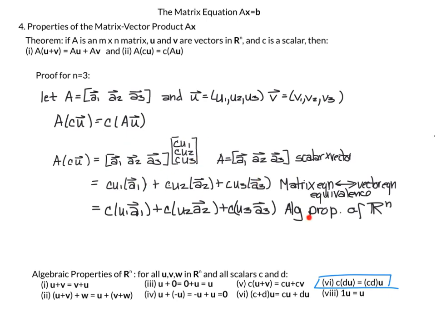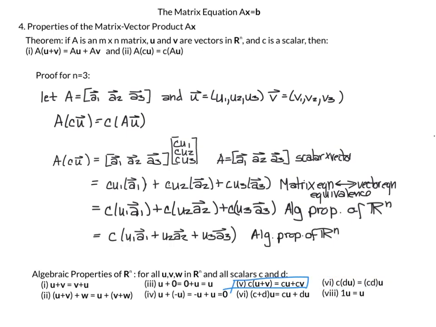And now, by algebraic properties, if I have two scalars multiplied by a vector, I can multiply the vector by one scalar first and then by the second. So here I have two scalars, so I can group this. So I multiply U1 by A1 and leave the C out. And I did that for each of the three terms.